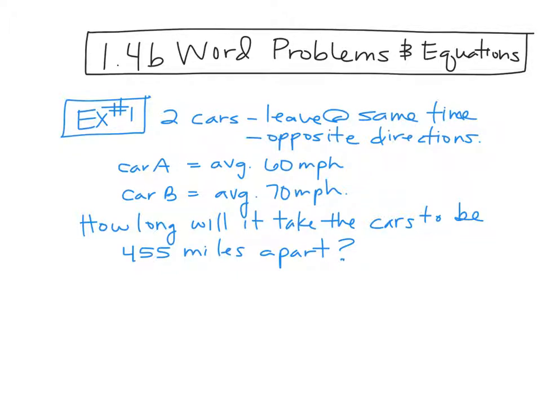Okay. So 2 cars traveling in opposite directions leave at the same time. 60 miles per hour for the one, 70 miles per hour for the other. How long until they are 455 miles apart? Now, if you're anything like me, a visual is helpful. So I'm going to give you a visual of this, okay? If this is where the cars start, and we've got a number line here, the 1 car is going to go 60 miles per hour to the left.